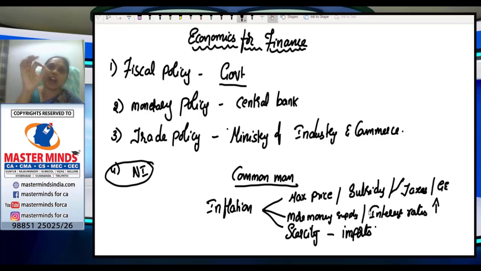Will it have to increase the money supply or reduce the money supply? Yes, it will be in your hands, children. As an economist, we tell you that we have to increase the money supply or decrease the money supply. But you as a CA have to say the percentage of increase or decrease that is efficient to control the situation of an economy. We just say the relation, but you have to say the percentage.